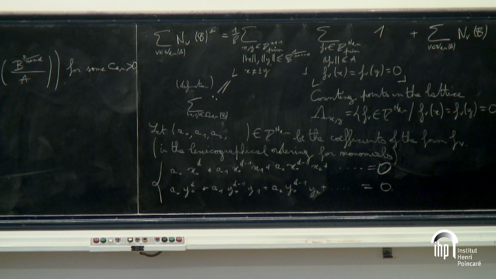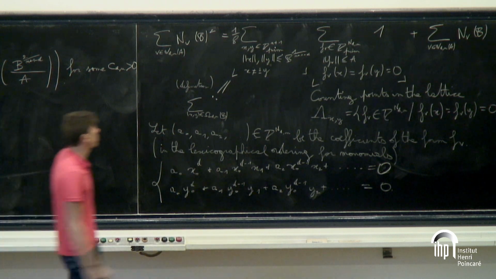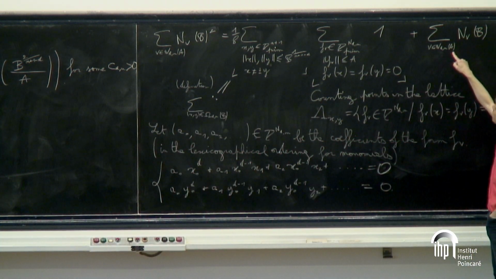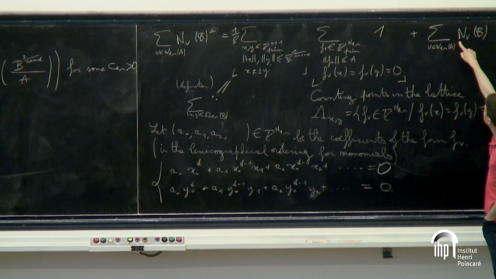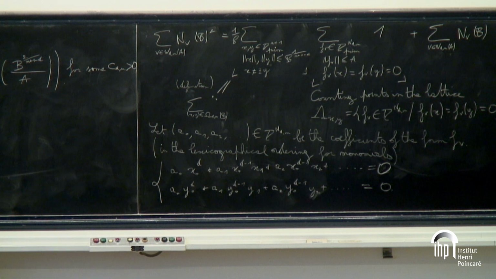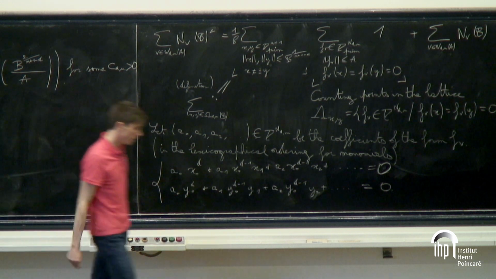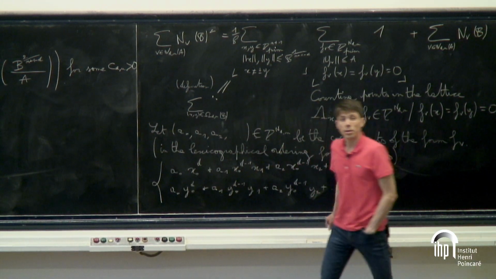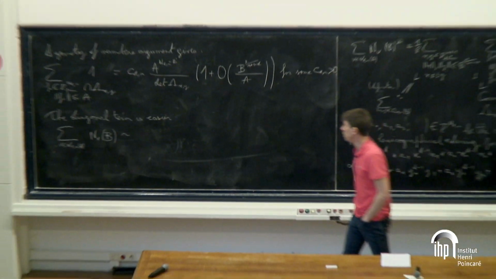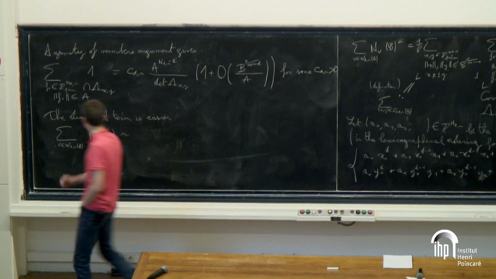So what should it look like? We are summing over all hypersurfaces of height at most A the number of rational points of height at most B. If you think of this in terms of Manin's conjecture, then generically there should be no accumulating subvarieties. So that should be simply B times log of B to the rank of the Picard group minus 1. And generically, the rank of the Picard group should be equal to 1.